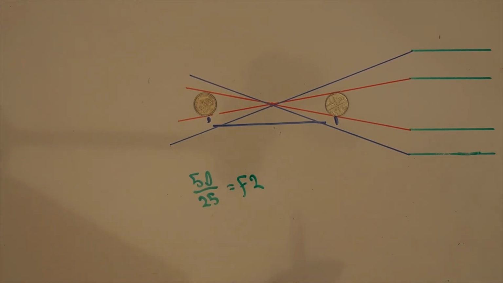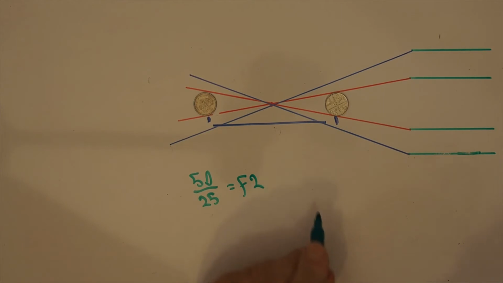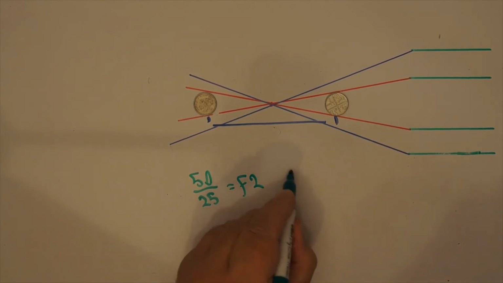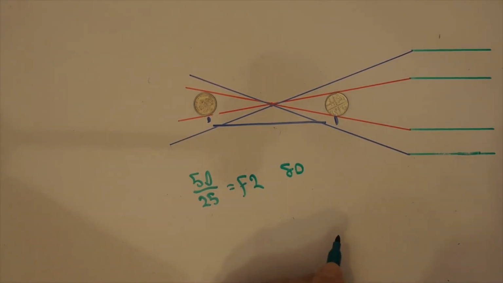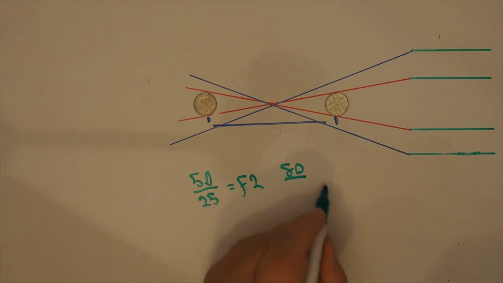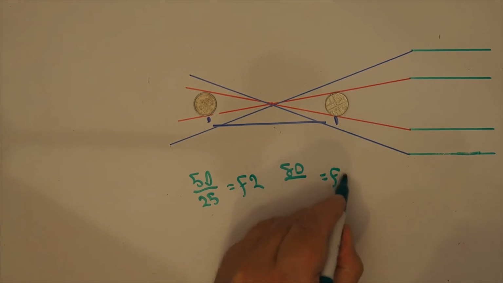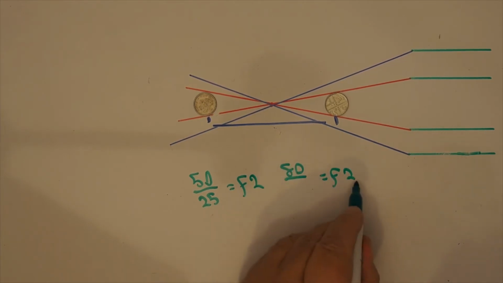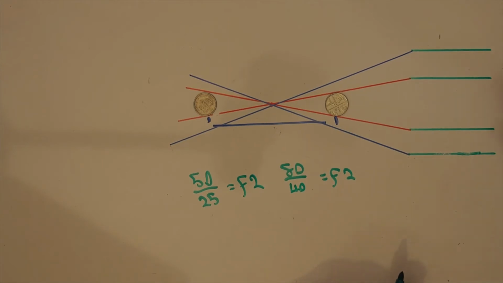If I scale it up to a medium format camera such as the Hasselblad, the standard lens is now an 80mm lens. I still want to get f2, so 80 divided by 2 gives me 40. So if this represents a 25mm gap, this would represent a 40mm gap.